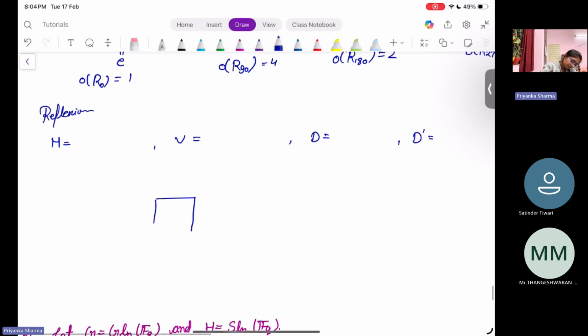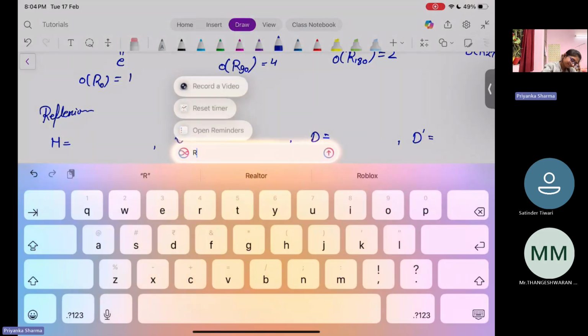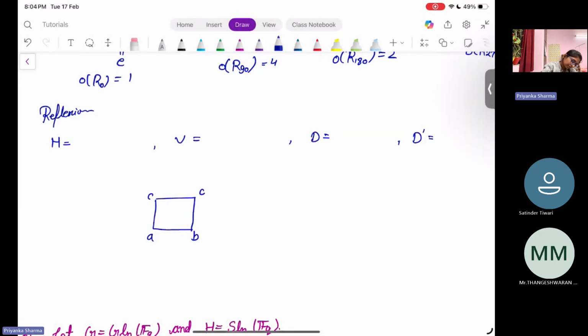So we have the original square as A, B, C, and D. So this will be the horizontal axis. If we reflect the vertices about this, then we will get AB here and DC here.